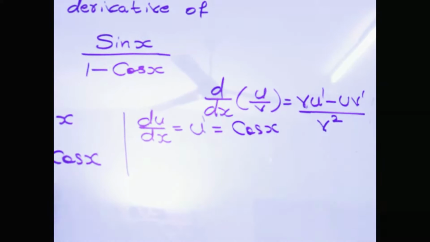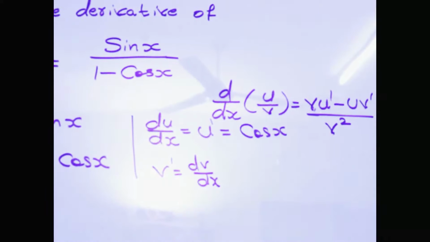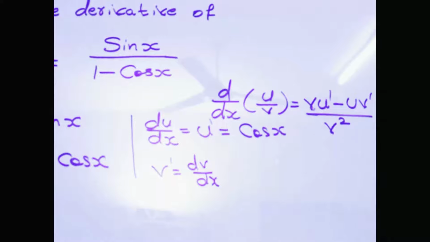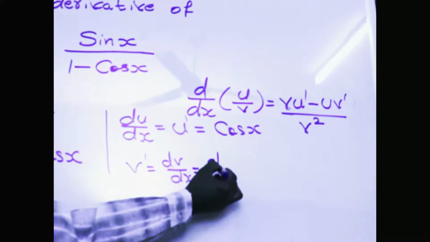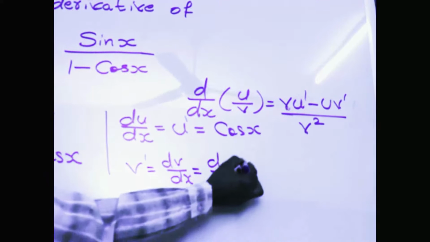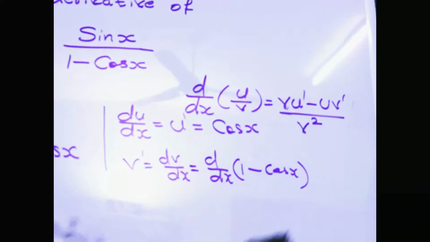Next we find v dash, which is dv by dx, the differential of 1 minus cosine x.